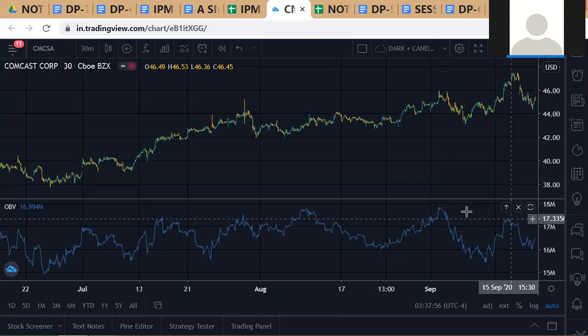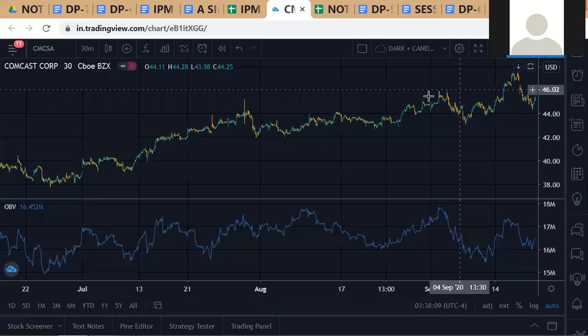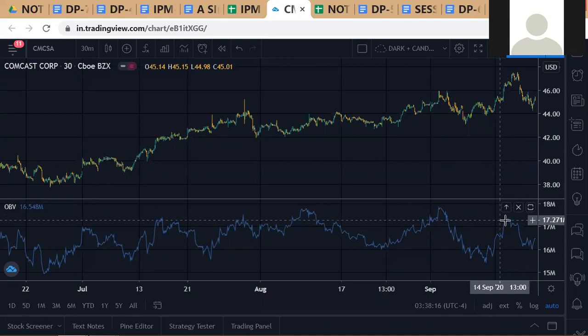So we say that Gaurav is saying something and Khushbu has a divergent view. That means Khushbu does not agree with Gaurav's view. They are different. So here what we are saying is, the price is making higher highs, but the divergence indicator is making lower highs.